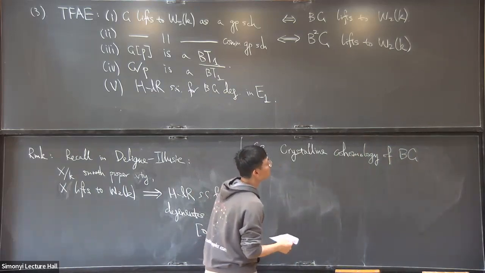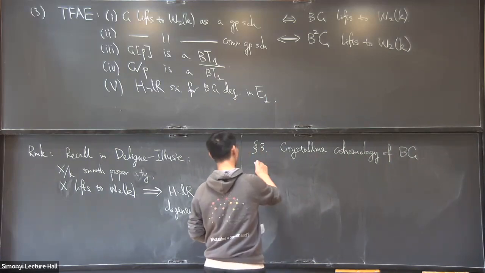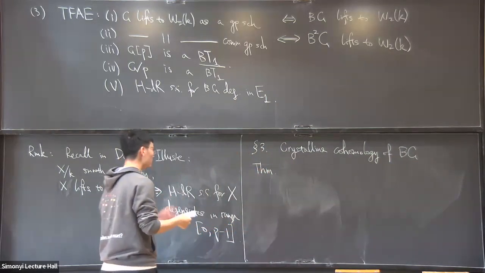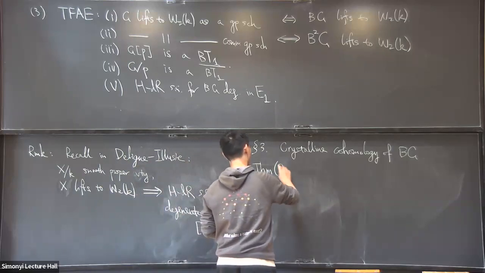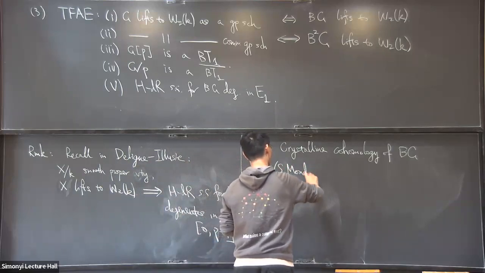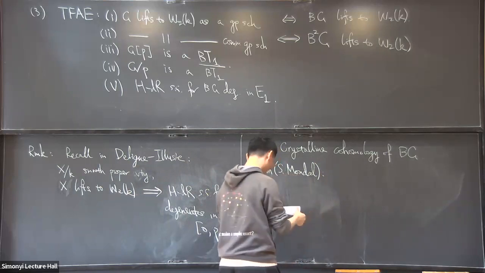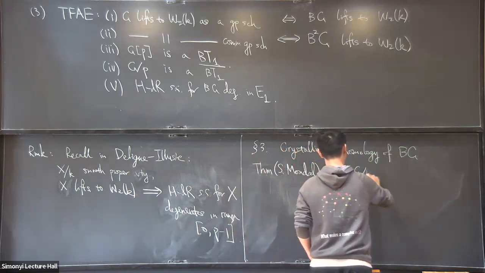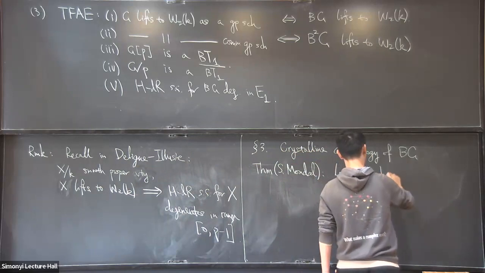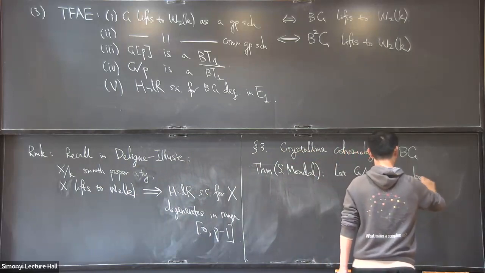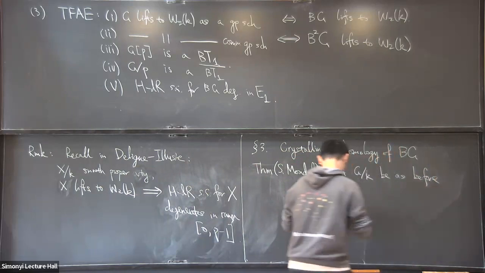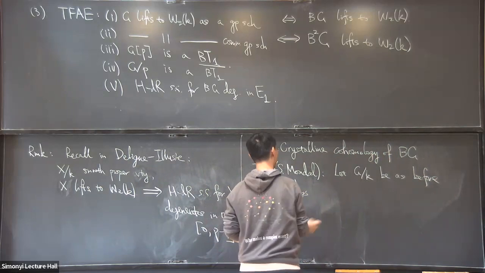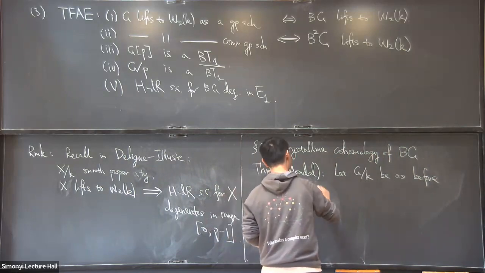So before telling you our result, maybe I should first say that in Shubhodip Mondal's thesis, he made the following calculation. So let G over K be as above. Then he calculates the first few crystalline cohomology groups of BG.